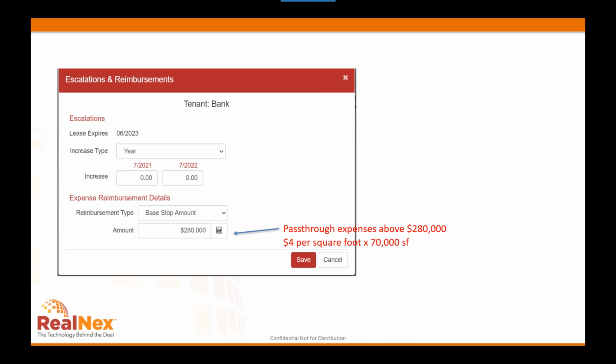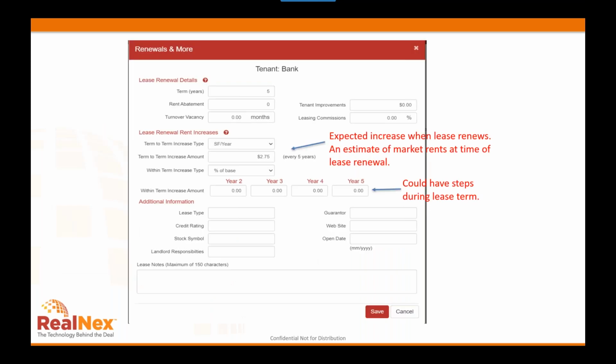So it'd be like saying, okay, owner, I'll pay the expenses based on what they currently are per square foot, but anything above the $4 per square foot current expenses, I'm going to pass through to you as a tenant. So I'm shifting that risk of any increase in the expenses to the tenant. Of course, this is all negotiable, and there could also be a cap on that. So that once it reaches, say, $7 a square foot, I can't pass through anymore. But in this example, we're going to pass through anything above the $4 per square foot. So you would have that for each of the tenants.